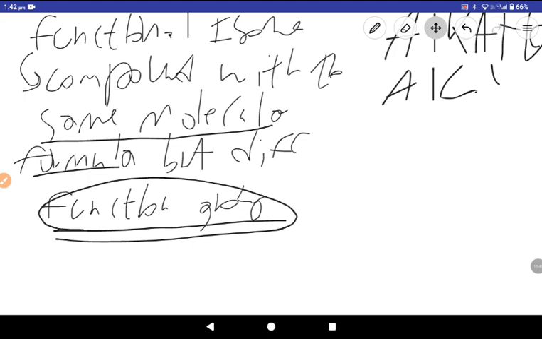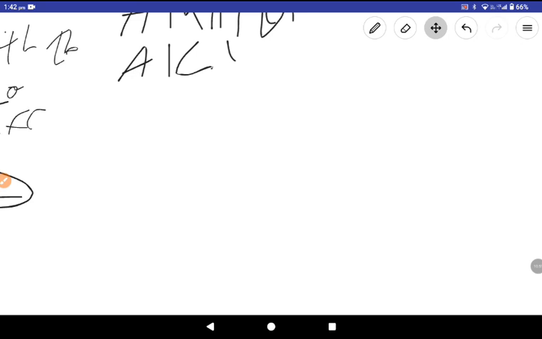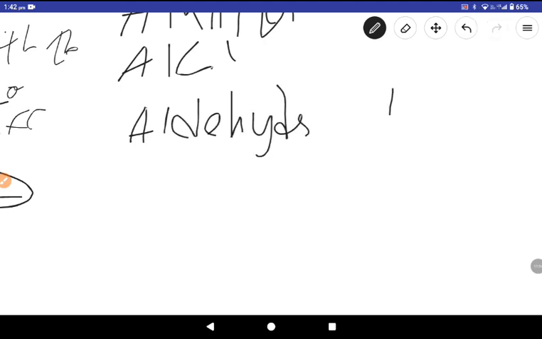We always have two types, okay, two pairs rather, of functional group. Starting with aldehydes, okay, aldehydes and ketones, because before we go to the ketones, we start with aldehydes.